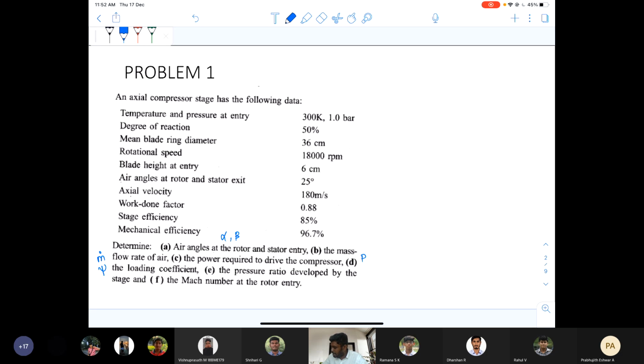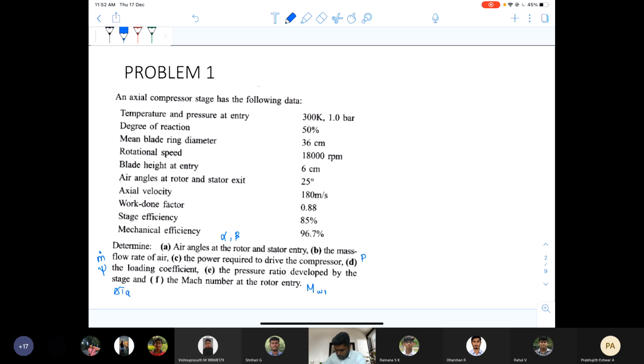And the pressure ratio developed by the stage, which is given by delta TA, and the Mach number at the rotor entry, MW1. We should find all these data.